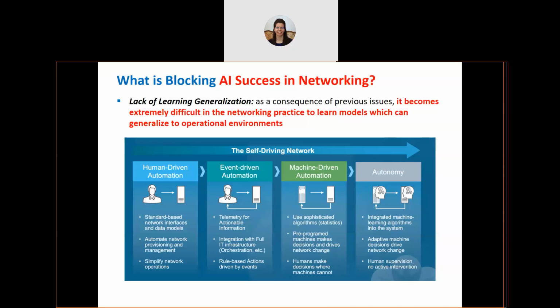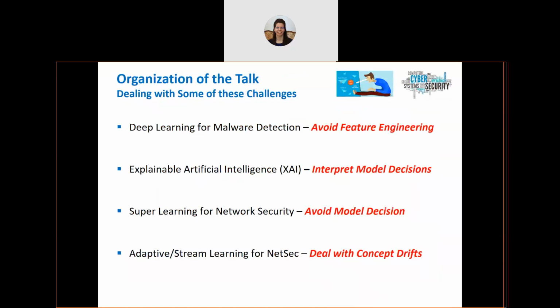And this is one of the main blocking points for this kind of fully autonomous network.